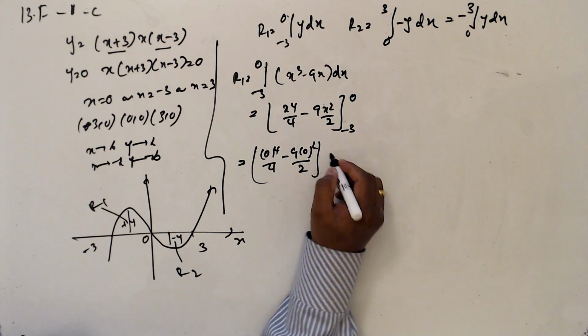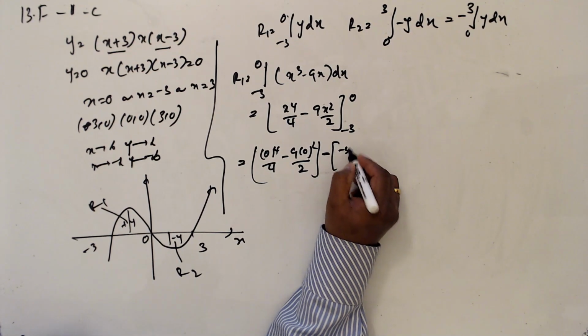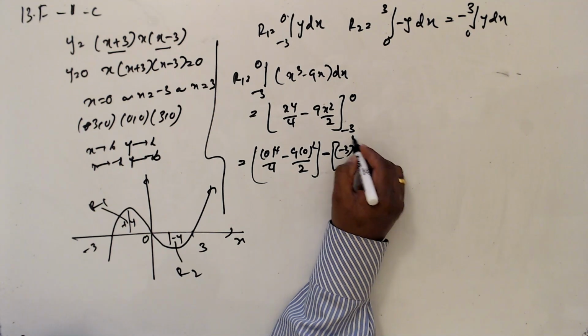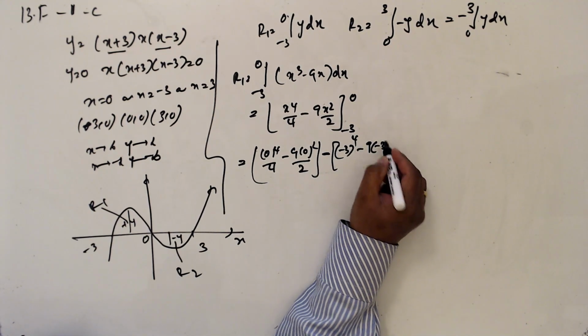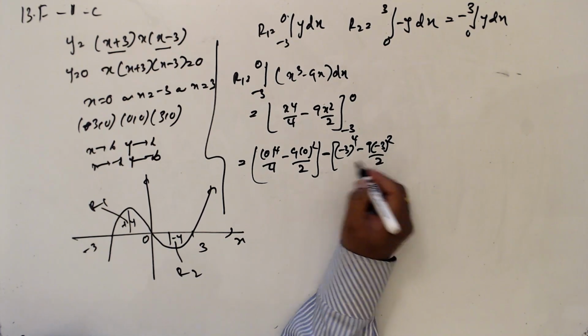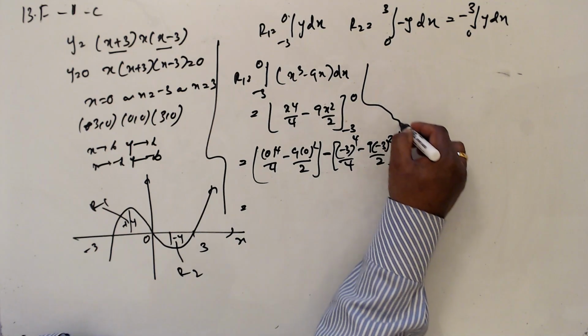At 0, it is 0 to the 4 over 4 minus 9 times 0 squared over 2. Then you have to take minus 3 to the 4 over 4 minus 9 times minus 3 squared over 2. So we want to calculate this one.